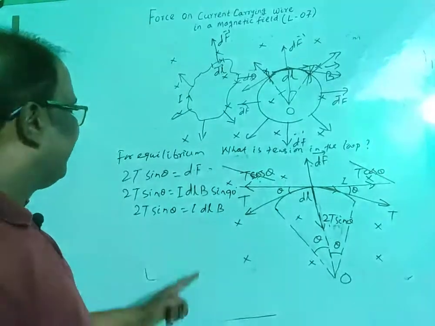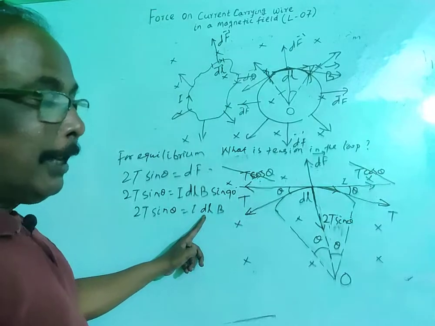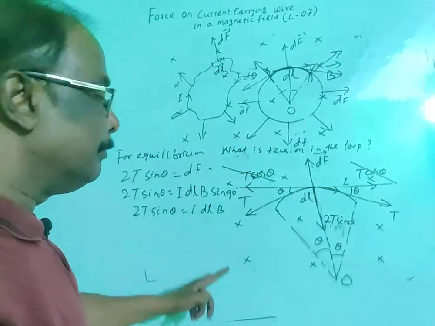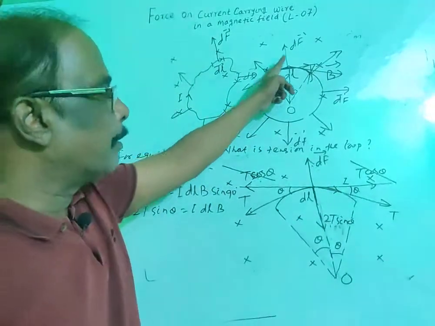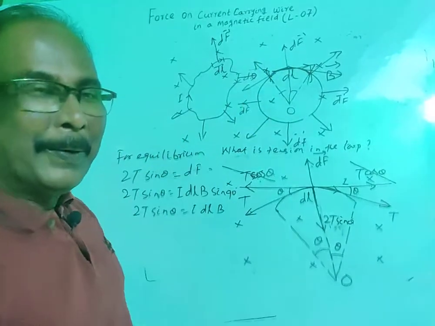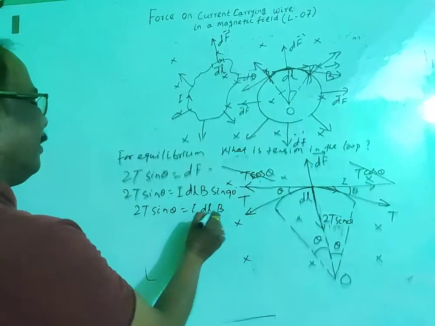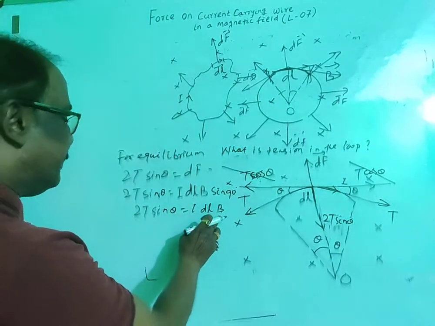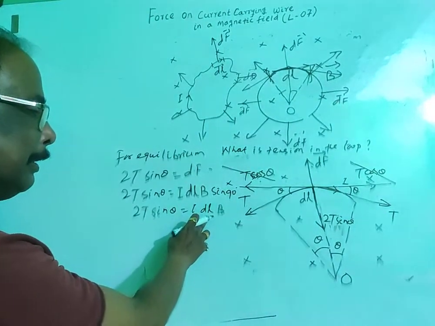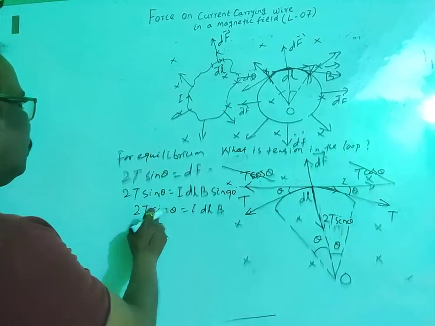Is it clear? This is the length; we will calculate for the whole length. This is dl, an elemental part of the closed loop. The magnetic field is B, the elemental length is dl, and we have 2T sin theta.